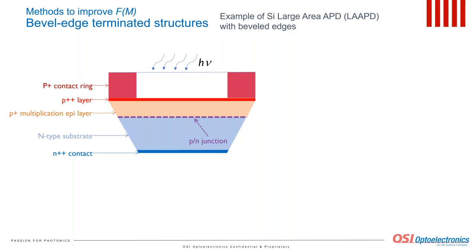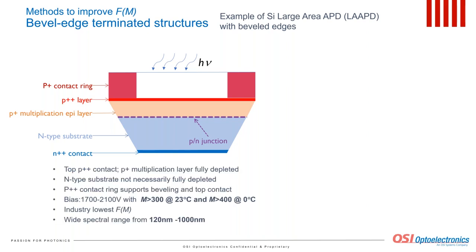The N-type substrate is not necessarily fully depleted. The P+ contact ring on the top provides necessary support for beveling and serves as a top contact. The structure operates at a reverse bias between 1700 and 2100 volts with a gain of over 300 at room temperature and over 400 at 0 Celsius.